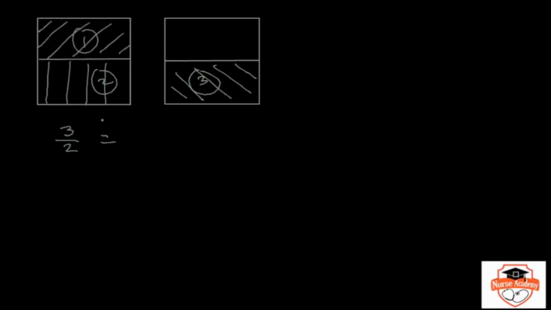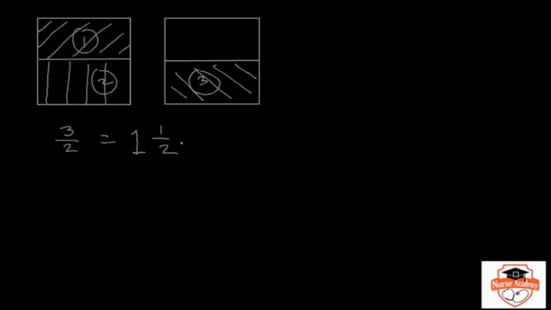But then this is also equal to one whole square and another half. So we could say the fraction 3/2 is exactly the same as the mixed number 1 and 1/2. And like I said, every improper fraction can be changed to a mixed number.